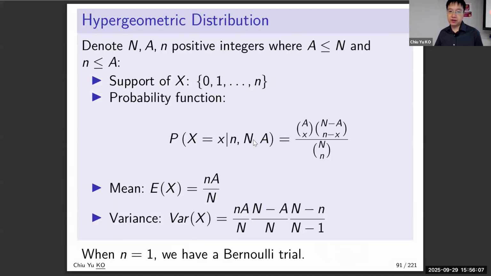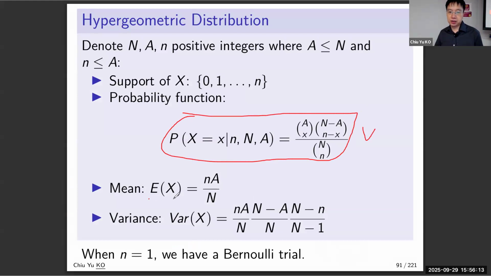And this is the formula we have. This is just n times A over N. A over N is just p if you draw only once.